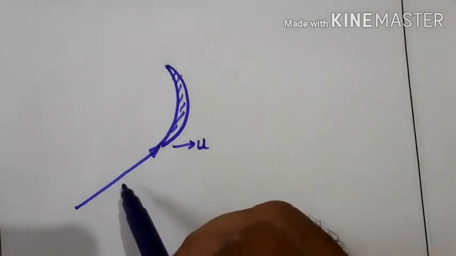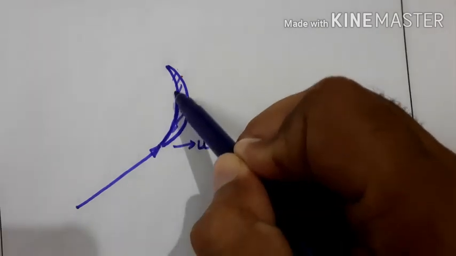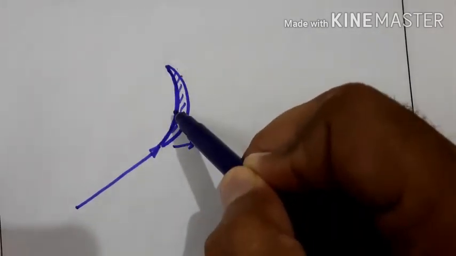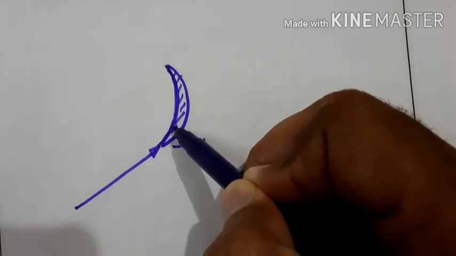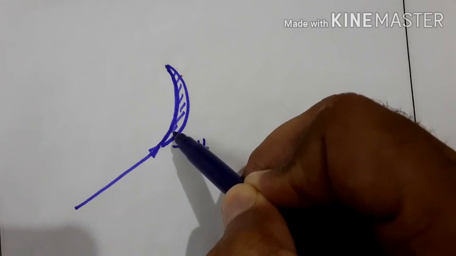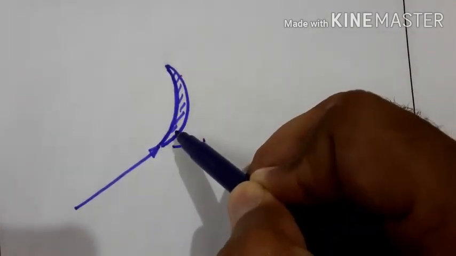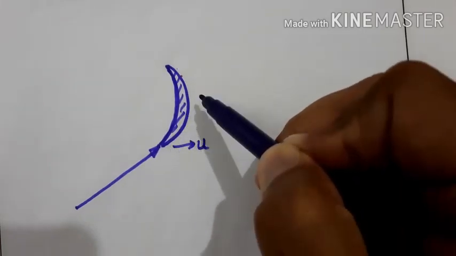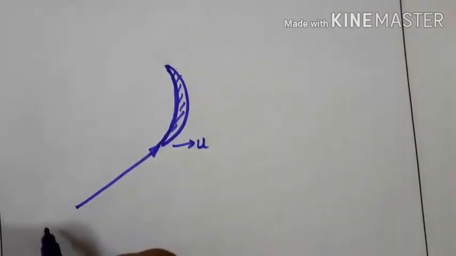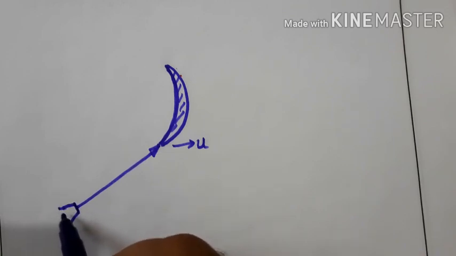As the fluid enters the vane and glides over the surface like this, there is a change of momentum: either the direction of the fluid changes, or both the magnitude and direction of the fluid change.